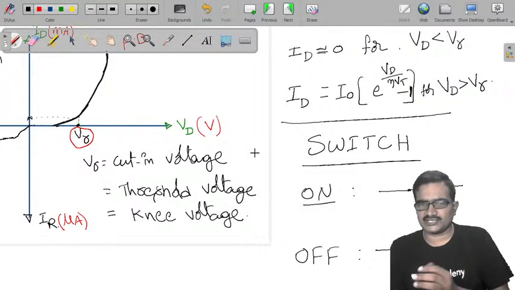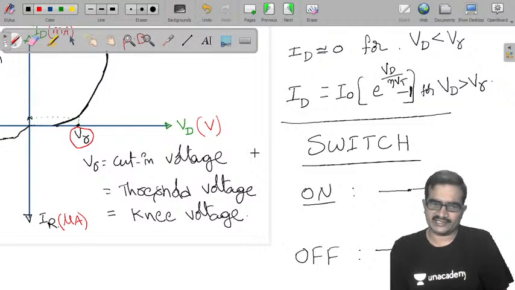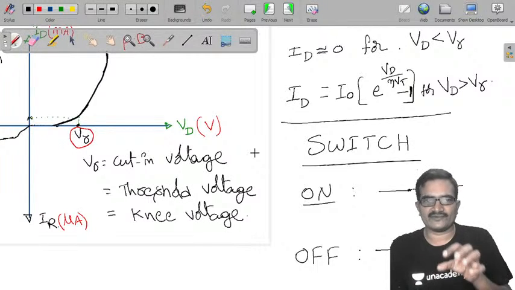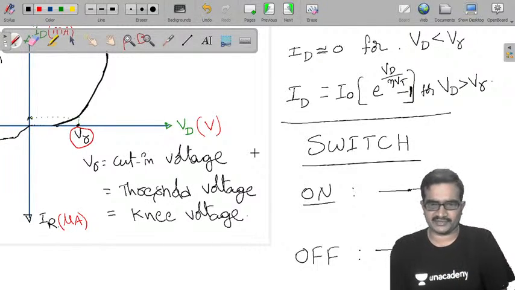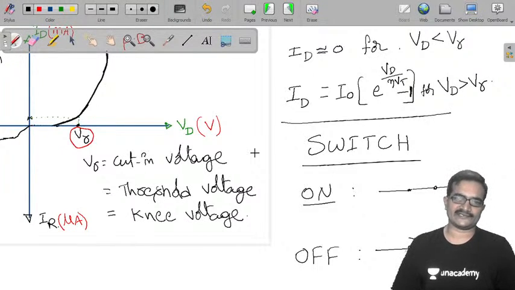If resistance is low, the diode is operating as an on switch in that region, and if resistance is high, the diode is acting as an off switch in that region.